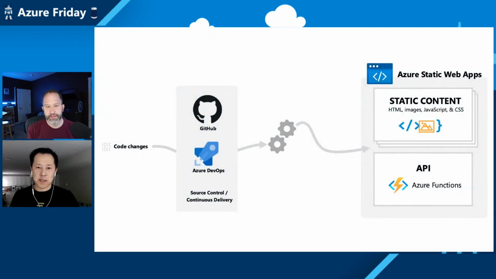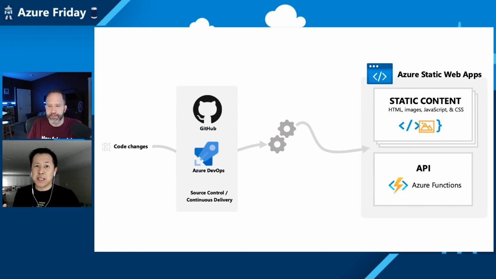Let's talk about static web apps then. So maybe let's start with talking about why static web apps kind of matter. I think more and more apps now are built with front-end frameworks like React or Angular or Blazor, and a lot of the work that used to happen on the server side has now shifted to the browser, right?